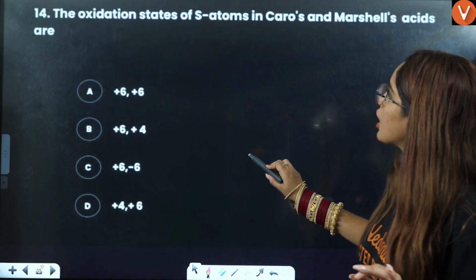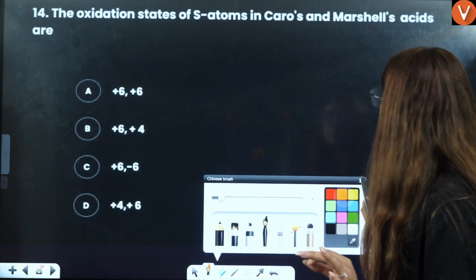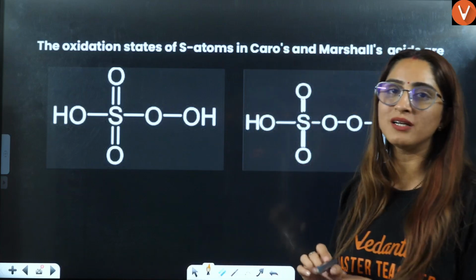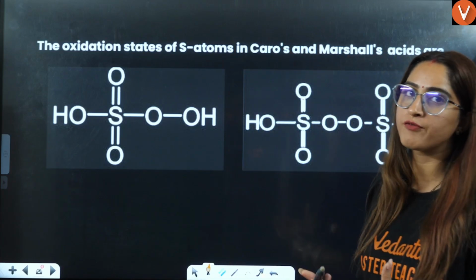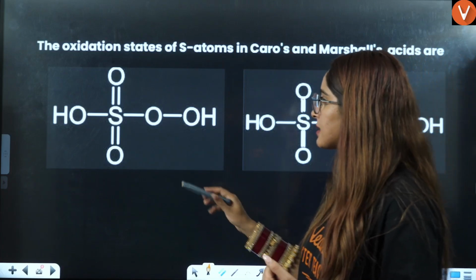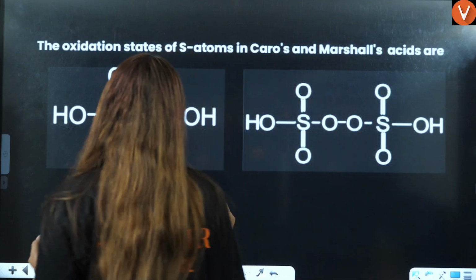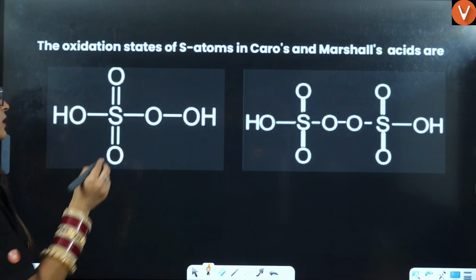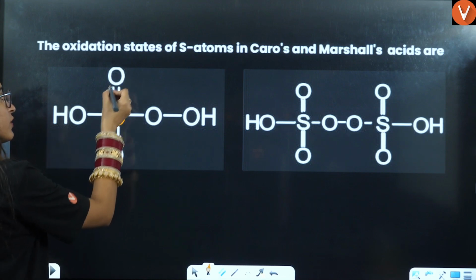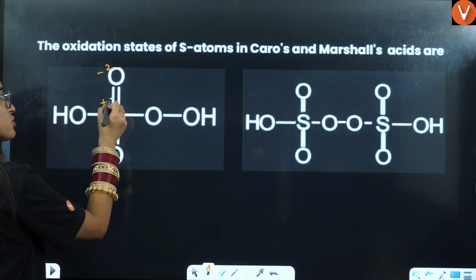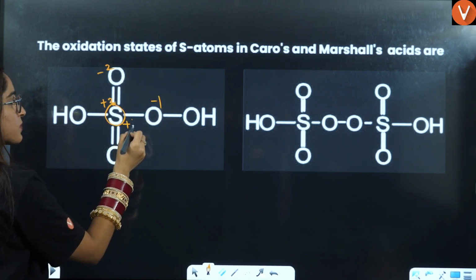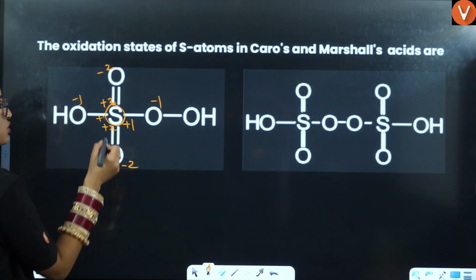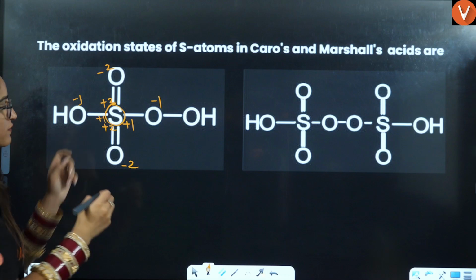Next question is the oxidation state of sulfur atoms in Caro's and Marshall's acid. For this, you need to know the structures of Caro's and Marshall's acid. In Caro's acid, this is the structure. This is going to be sulfur. This is -2, this is +2. This is -1, this is +1. So -2 +2, -1 +1, it is total 2, 3, 4, 5, 6.